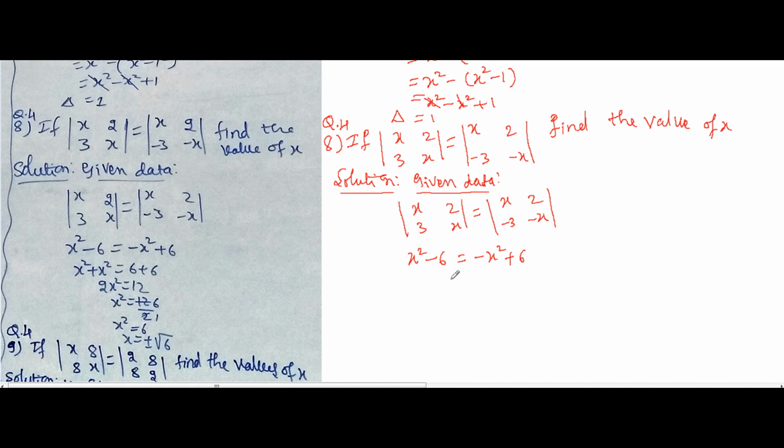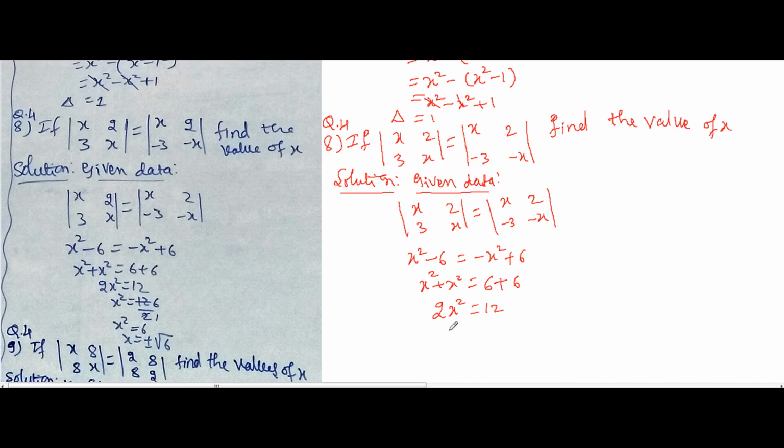So then what you have to do, just minus, you can shift it on this side, minus this x square as it is, minus x square, if you shift on this side, plus x square. Next minus 6 you shift on this side, already this plus 6 is there, and then if you shift this minus 6 on this side, then it is plus 6. This x square plus x square is 2x square, which is equals to 6 plus 6, 12.